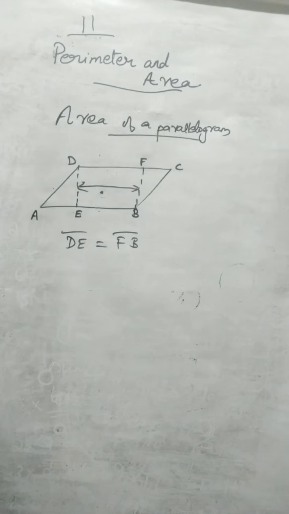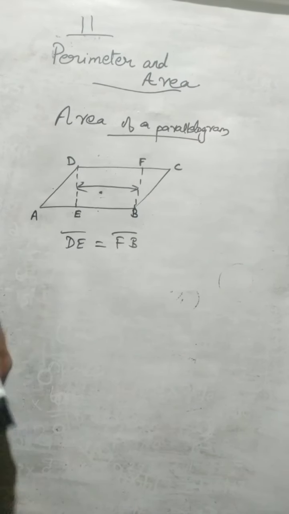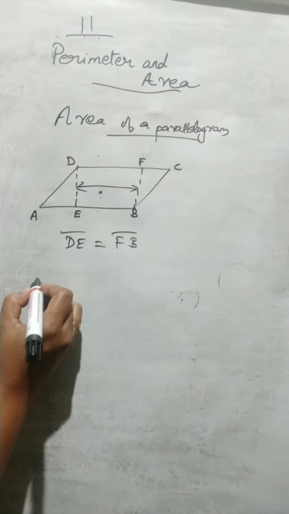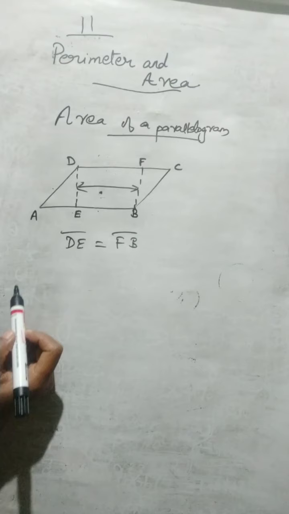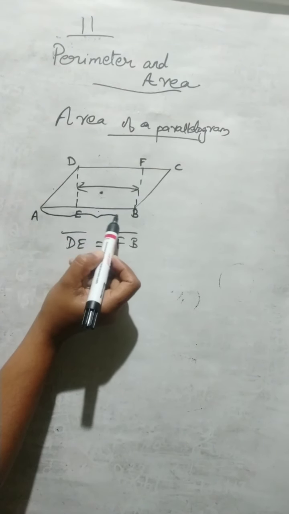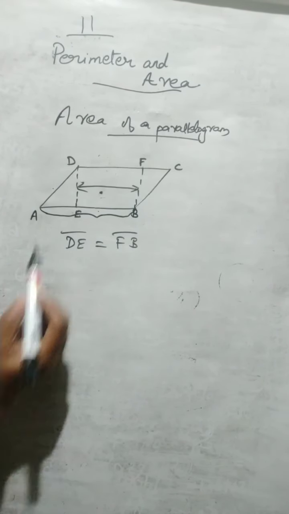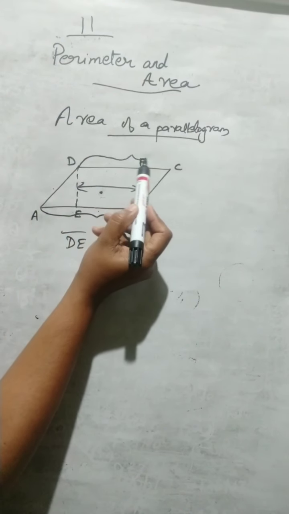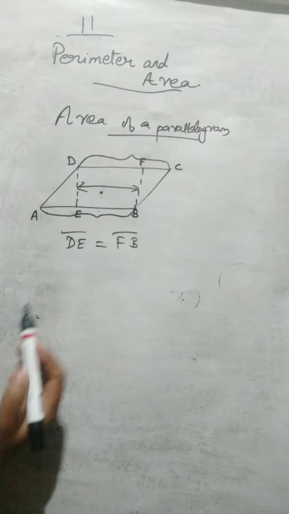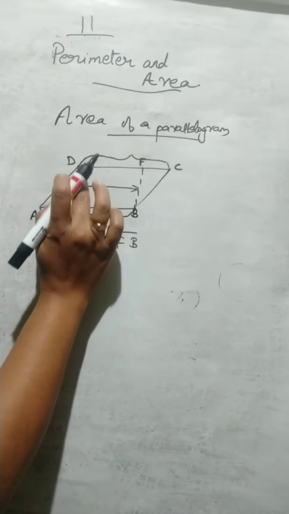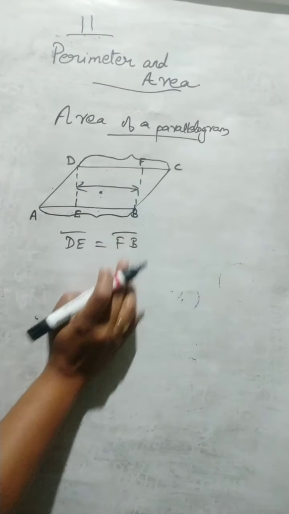Okay. Then the equation is area of a parallelogram. How can we find? We have to multiply the base. What is the base? Here A to B will be the base. Maybe we can take D to C. Anywhere. Clear? Then at the time this will be the height.